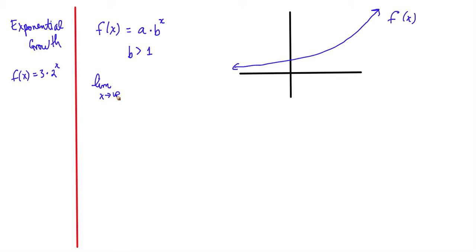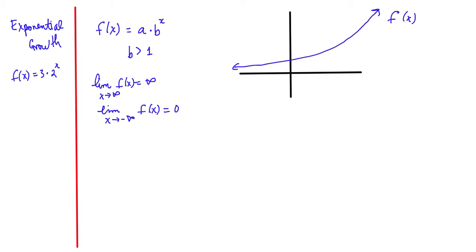As x goes towards infinity, f of x will approach infinity, and as x goes towards negative infinity, f of x will go towards 0. So that's an example of exponential growth.